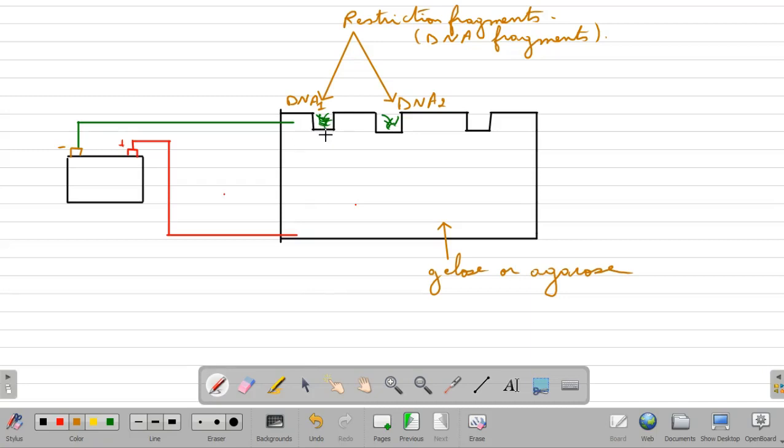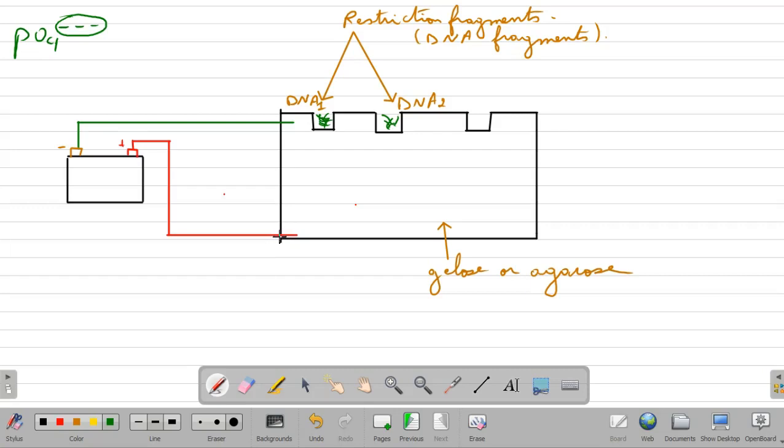In reality now, since the DNA has a global charge, because of the presence of the phosphate PO4 minus minus minus, phosphoric acid, phosphate function, it will have a negative charge. So it has a global negative charge, and the fragments of DNA will be attracted towards the positive pole of the electric current.